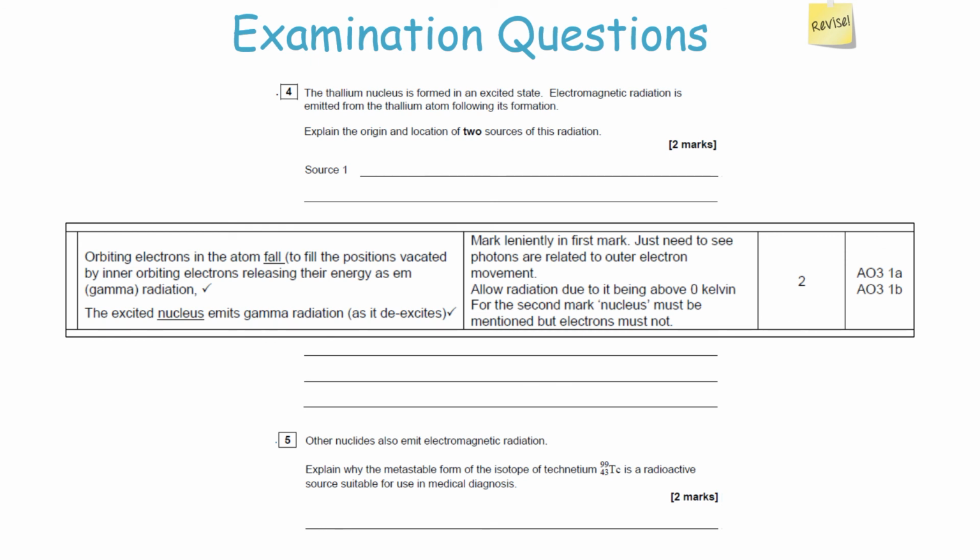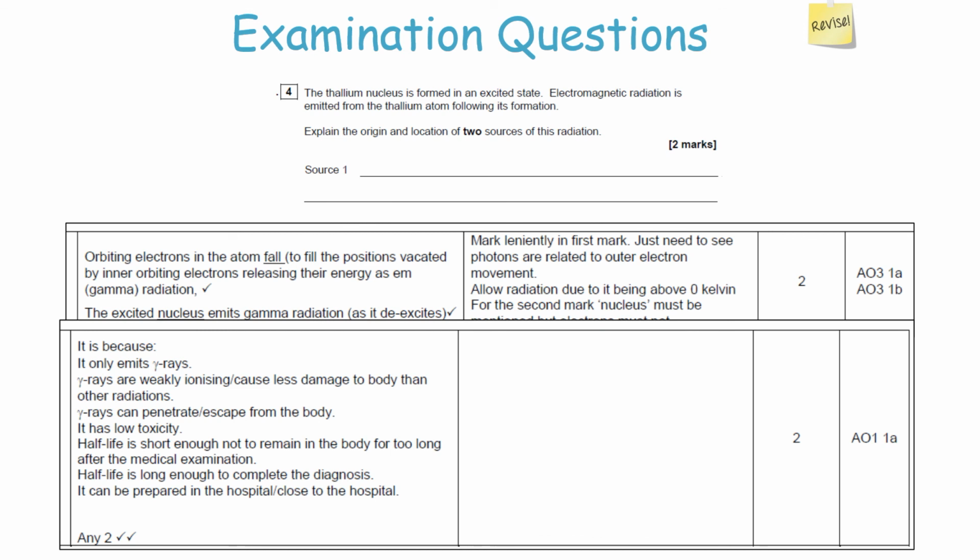Now explain why the metastable form of the isotope is so suitable for medical diagnosis. Well, think about it. We've just said it's going to be emitting gamma radiation. Because it's emitting gamma radiation, which is weakly ionizing, it can cause less damage to the body than other radiation. The other important thing is it can travel through the body and escape the body very easily, so it allows us to detect it with our detectors outside of the body.